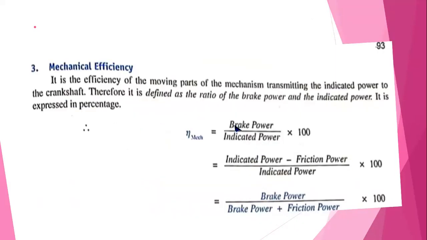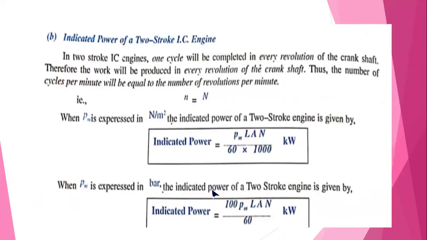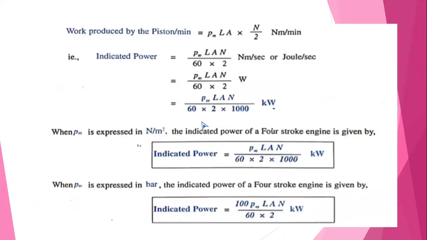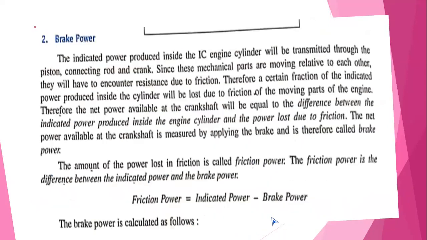The indicated power we have already calculated: for a four-stroke engine, PLAN divided by 60 into 2, and in case of two-stroke, PLAN divided by 60 in kilowatts, indicated power.